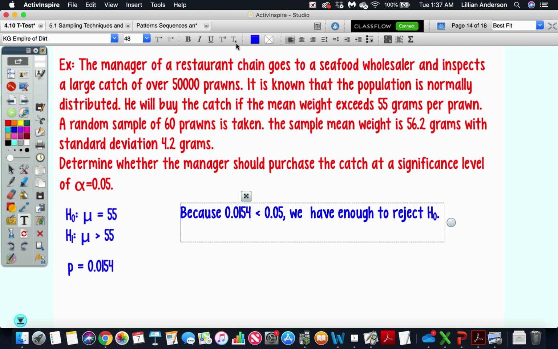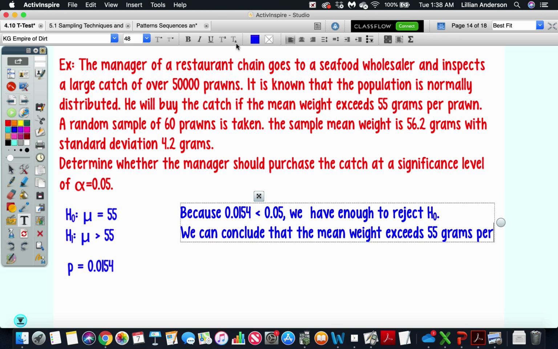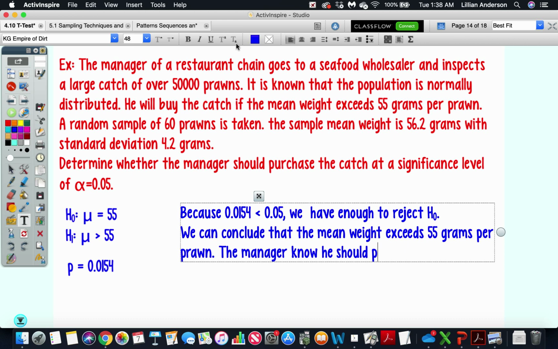Okay? So because of that, we can conclude that the mean weight exceeds 55 grams per prawn. That lets the manager know he should purchase the catch.